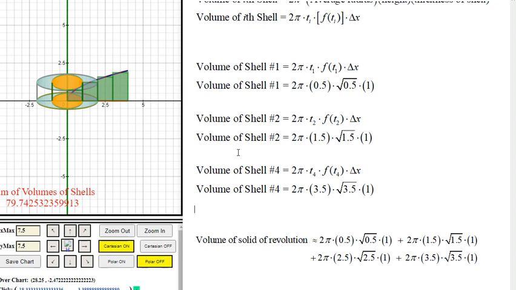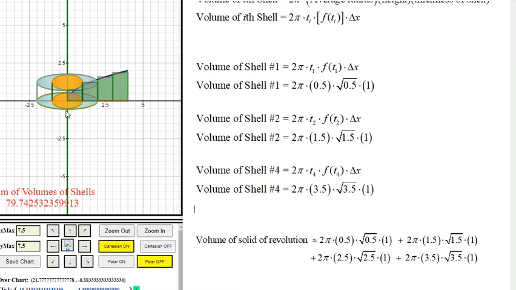And then for shell number 2, the volume will be 2 pi, and then t sub 2, which is the average radius, will be 1.5, and then the height of shell number 2 is the square root of 1.5. And then the thickness of the shell again is the width of the rectangle, which is 1.